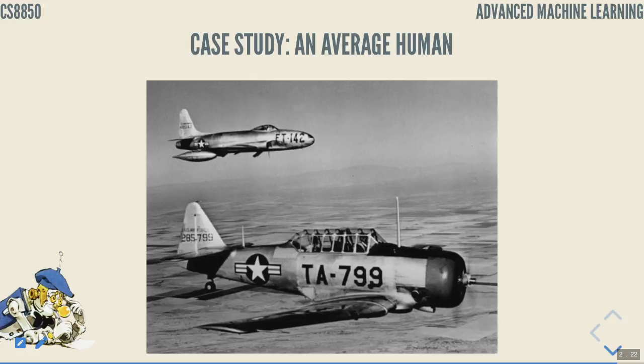It is a story from about the 1950s. After World War II, there were still a lot of wartime planes left, and the Air Force noticed that too many incidents and accidents were happening outside of the warfight, and they hired a statistician to study that.